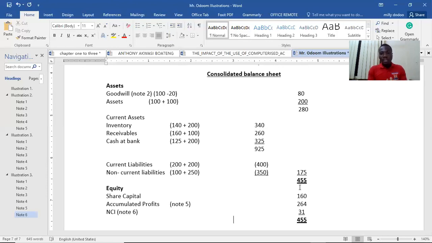The relationship here is a parent-subsidiary relationship. It's like you and your mother. Your mother is selling in the provision shop. Today you go to her, then you bought things worth 10 Ghana cedis. You pay your mother. Then tomorrow you are going to school. Then you go and stand there. Mommy, I need chop money for school. Then your mother dips her hand in the cash till and gives you 10 cedis from the cash till.